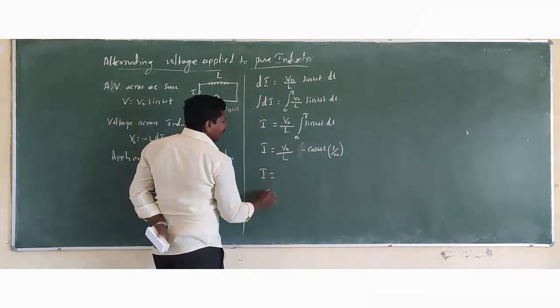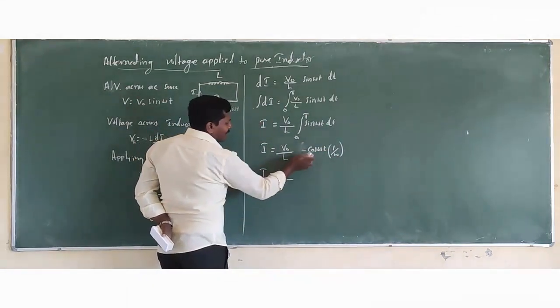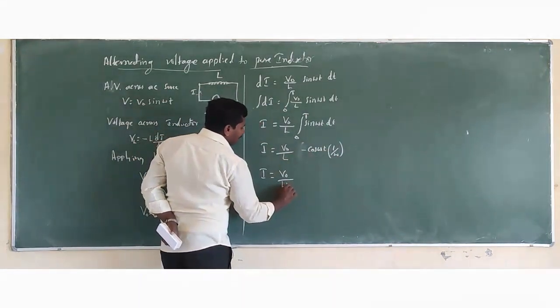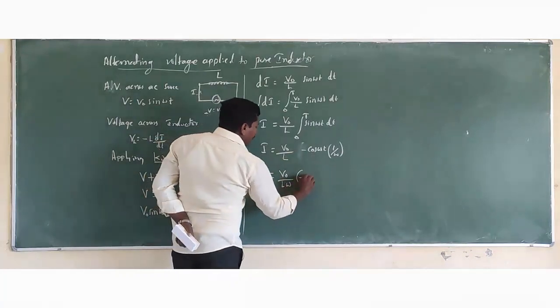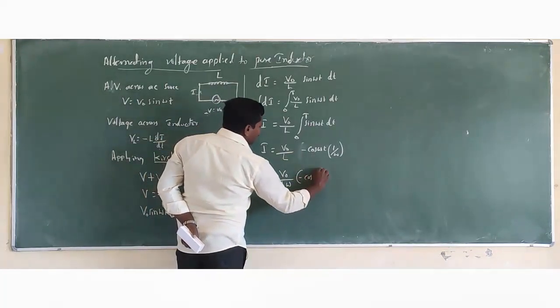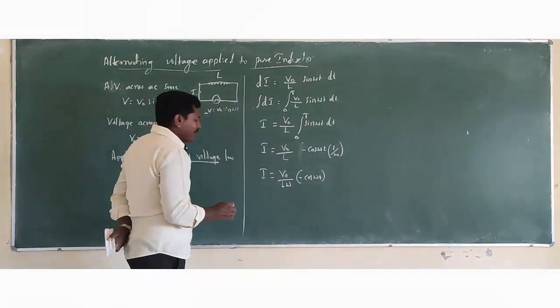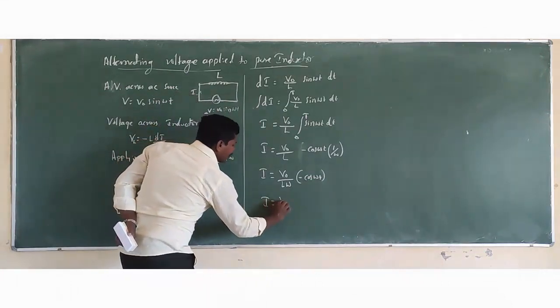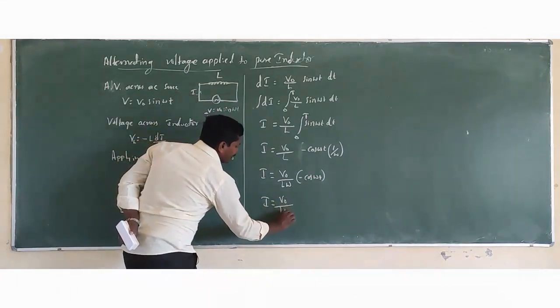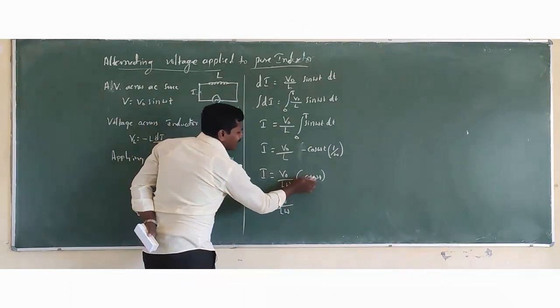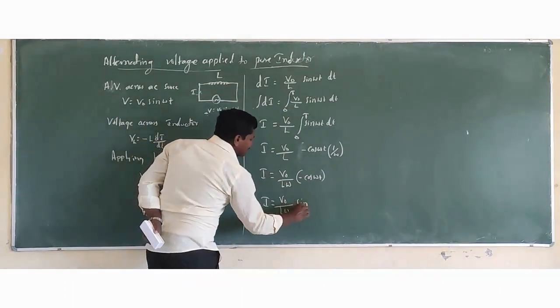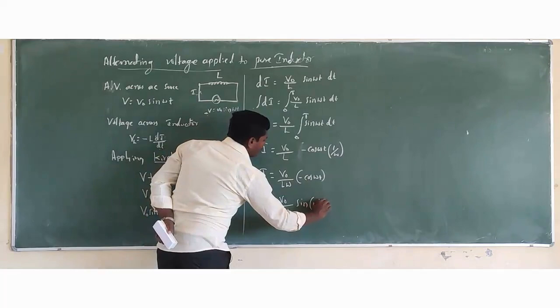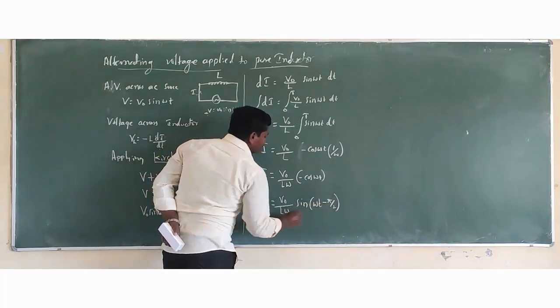Therefore, I is equal to V naught divided by L omega into minus cos omega t. This minus cos omega t can also be written as sin of omega t minus pi by 2.